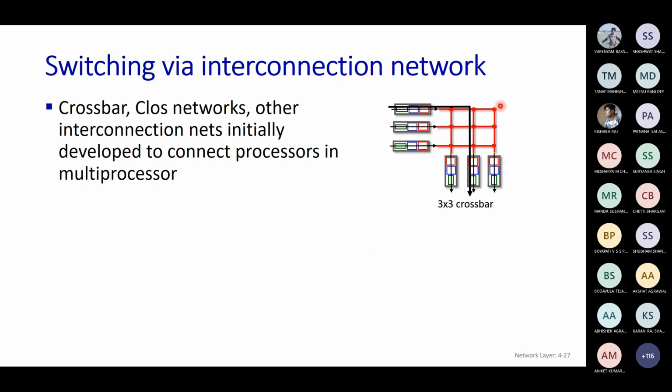As you can see in this diagram, it is nothing but a crossbar. It's like a grid kind of structure, and there are interconnections in between. If you want a particular path, you can have it. These are basically small switch connections. If you want the connection to be there, you put this and make it a connection. Otherwise, you just flip it up so that there's no connection to that path.